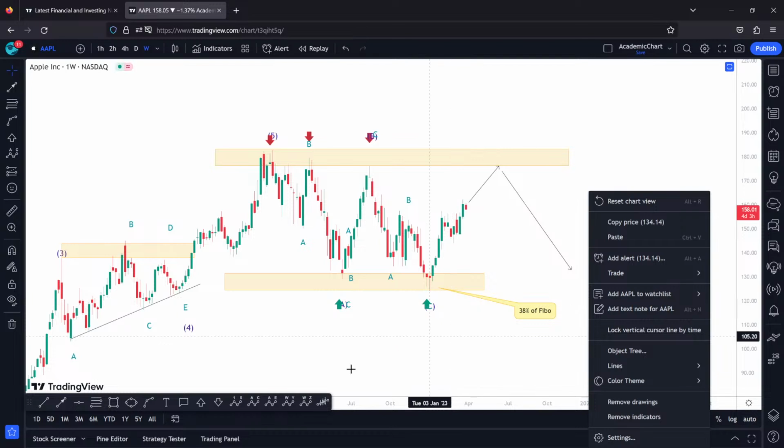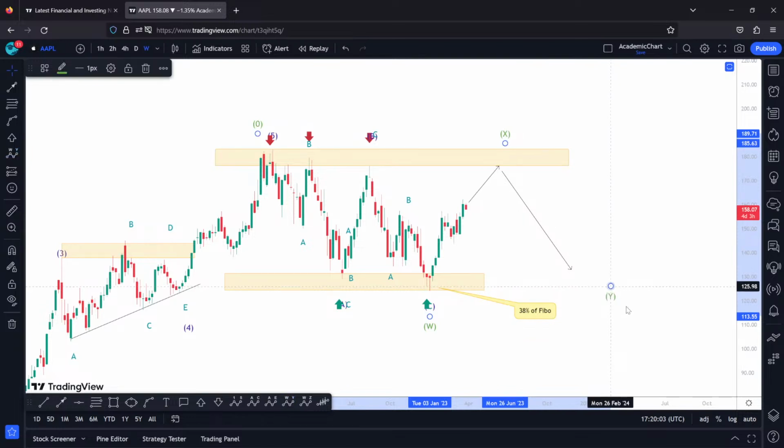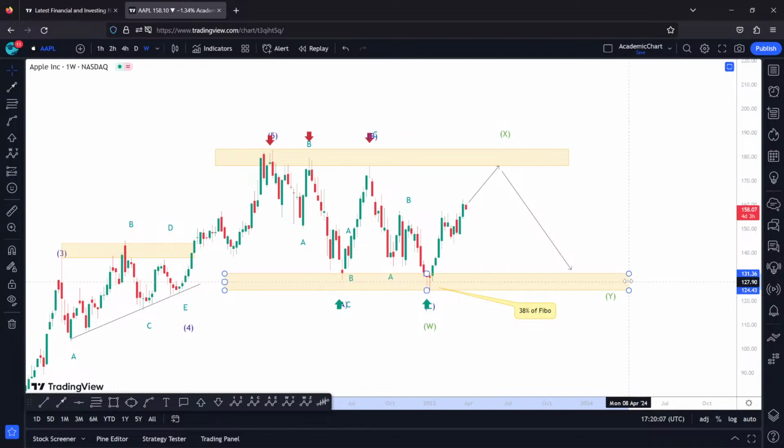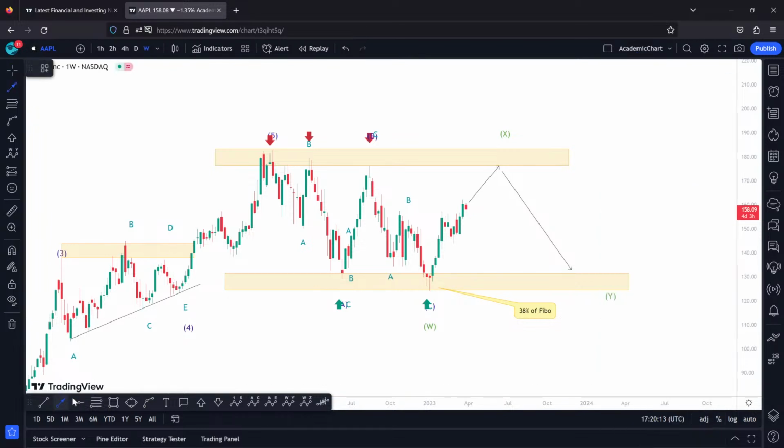Then in that case, this ABC will be my W, and after that I'm going to see this momentum to the top as X, and another major ABC down to this level might be the possible long, or very long, conclusion.